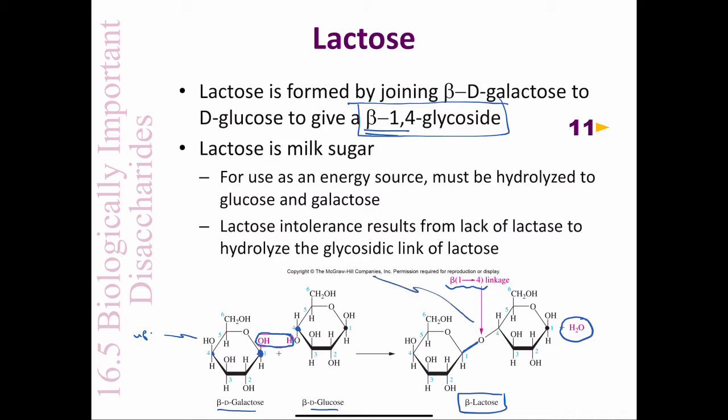Lactase is an enzyme, which is just a biological catalyst. If you don't have lactase, lactose doesn't get broken down normally, and it ends up in the intestine, where it gets broken down to things like carbon dioxide, which is a gas, of course, which causes discomfort, and that's why lactose intolerance is not a good thing to have.